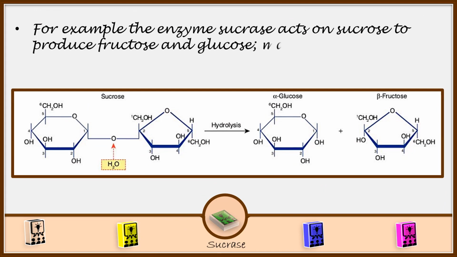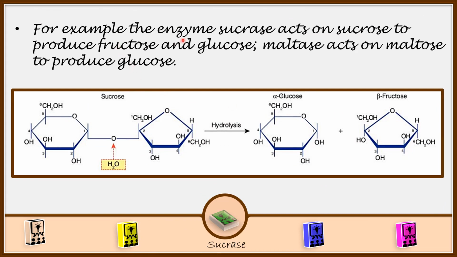For example, sucrase acts on sucrose to produce fructose and glucose. And maltase enzyme will act on maltose to produce glucose.